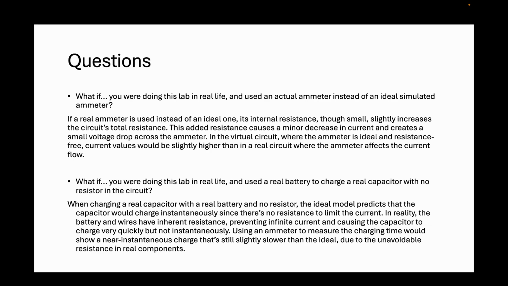But in reality, the battery and the wires have some internal resistance, and this prevents infinite current, and it causes the capacitor to charge a lot quicker and not instantly. So measuring the charging time would show a near instant charge that's a little lower than the ideal charge due to unavoidable resistance.